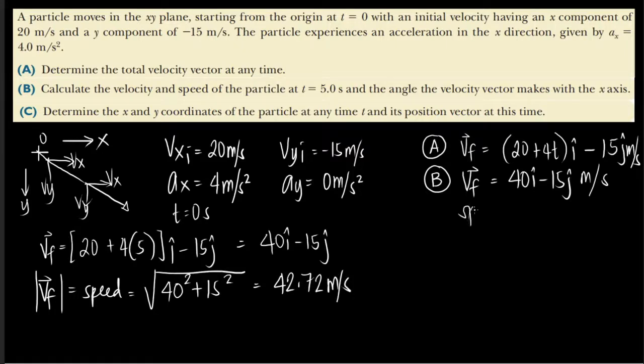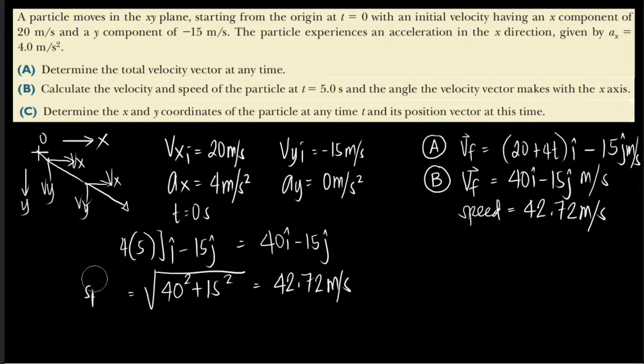So our speed is 42.72 meters per second. Now, if the problem asks you to find the speed of the particle at time equal to 10 seconds, you know to just substitute. So this becomes 20 plus 4 times 10. So, that's it for letter B.